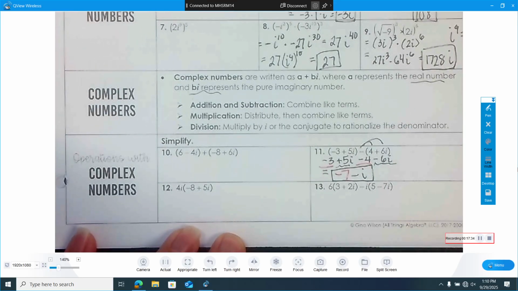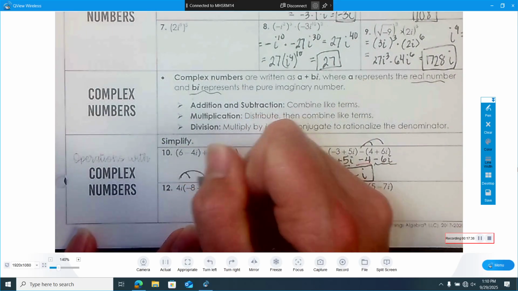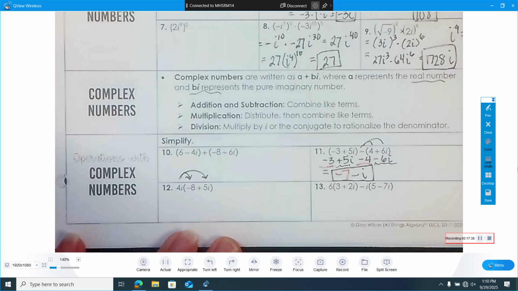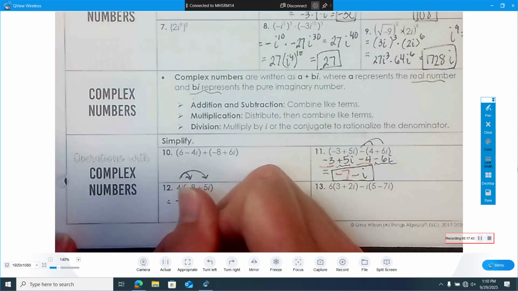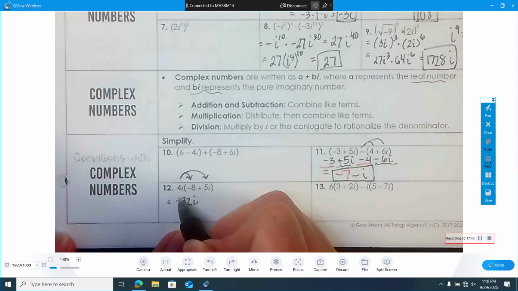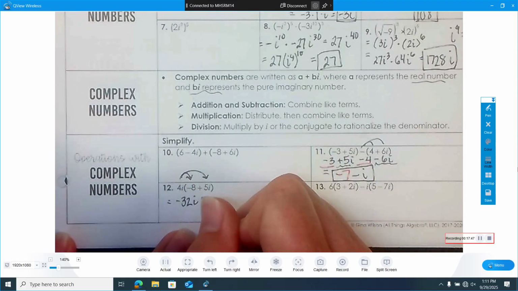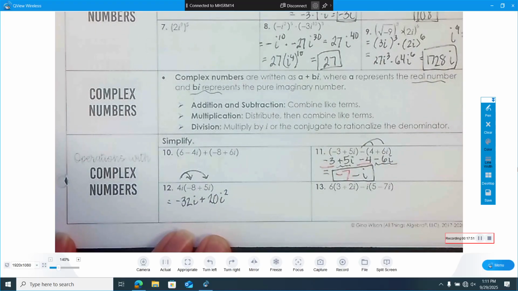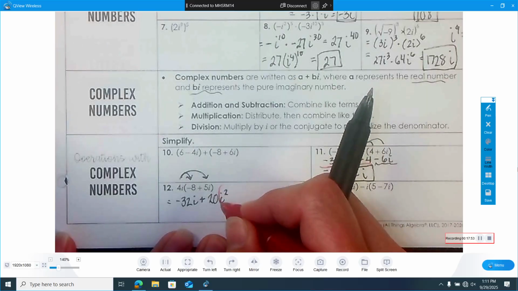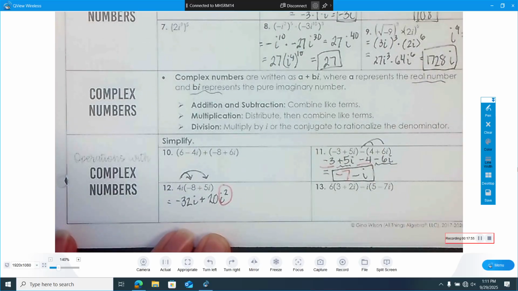Number 12, we're going to go ahead and distribute that 4i. So 4i times negative 8 is negative 32i. And then 4i times 5i is going to become 20i squared. But what is that i squared? Negative 1. So it's really 20 times negative 1.